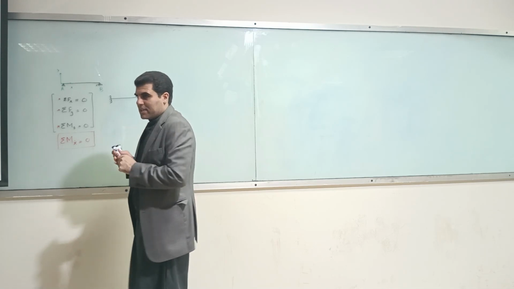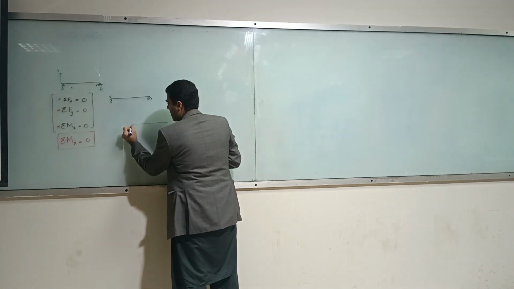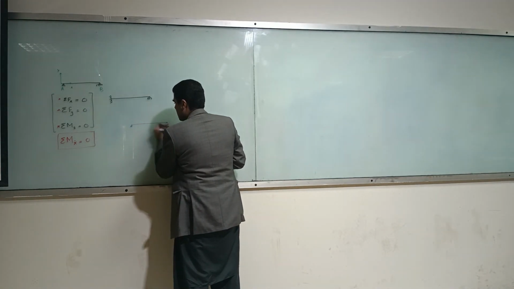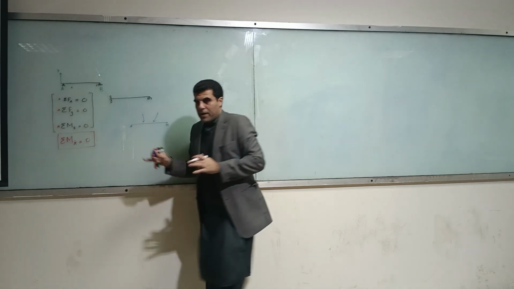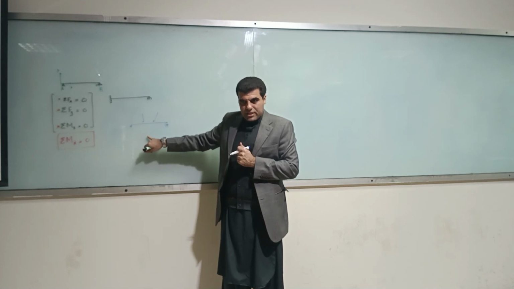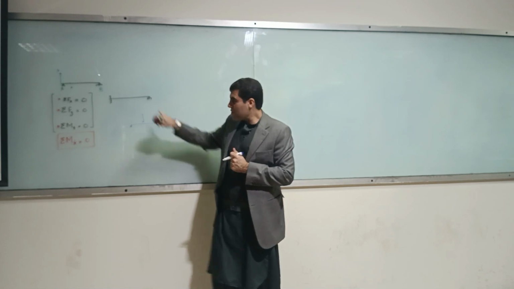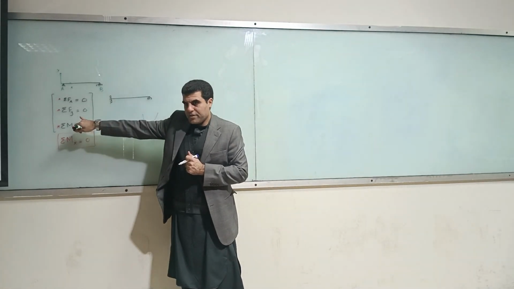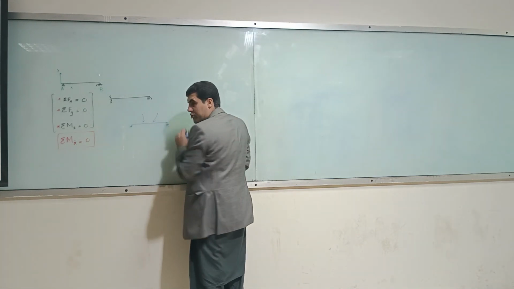For example, we have got a simply supported beam under any set of loading. This is a determinate structure. You can find out the reactions based on the available equations, but this structure has got no redundancy.